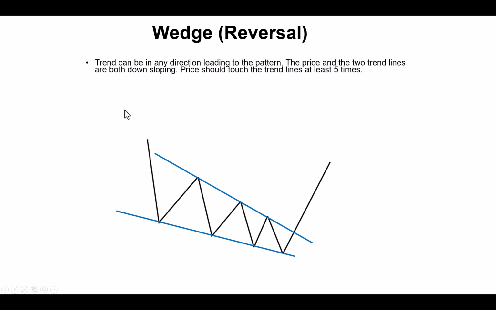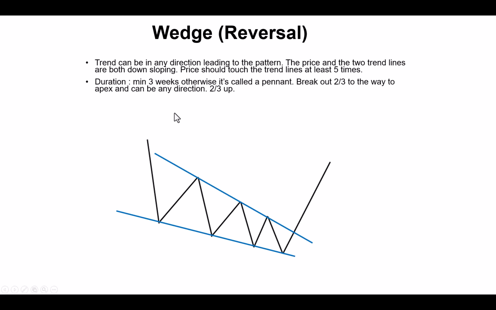The more the better. And here's an example. You can see the market has moved down, and suddenly the slope or the degree of the angle is flattening, and then suddenly it breaks out. So when we are talking about wedges, in the ideal world, wedges are at least 3 long for the duration of the trend to evolve. Otherwise, it's called a pennant, but it looks the same.